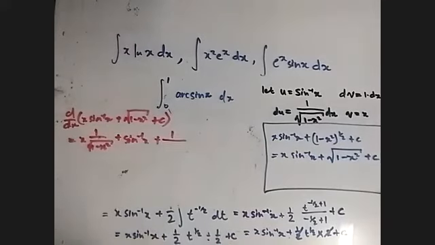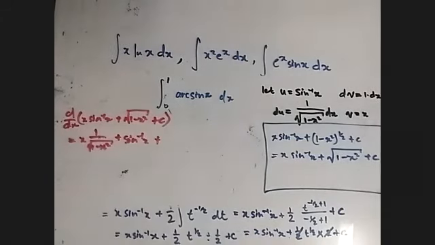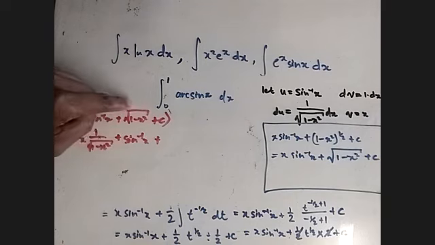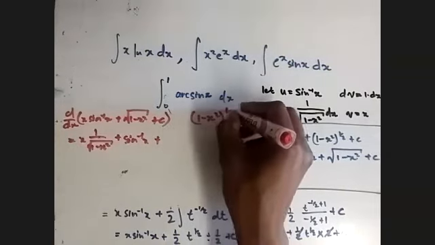Remember that we are having a derivative of a composition of functions. So we're going to have the derivative of the outer function multiplied by the derivative of the inner function, meaning that we're going to have the derivative of 1 minus x squared to the power 1/2.